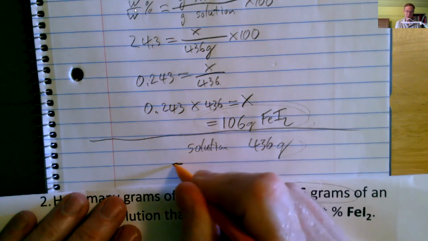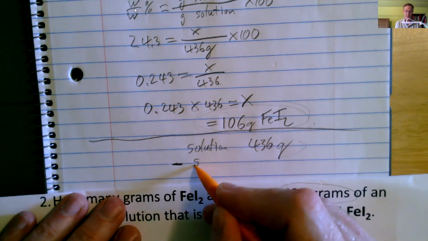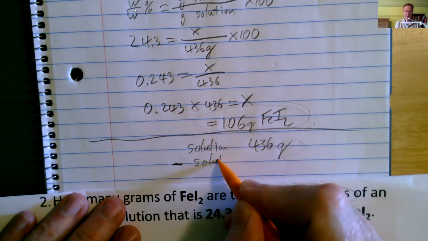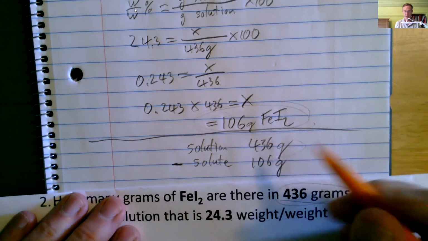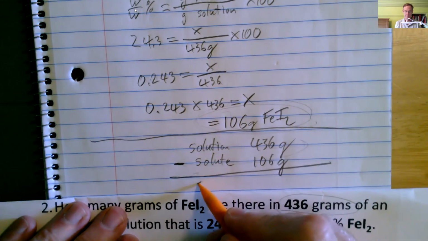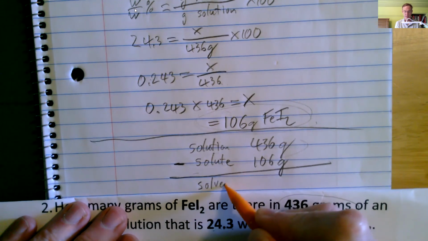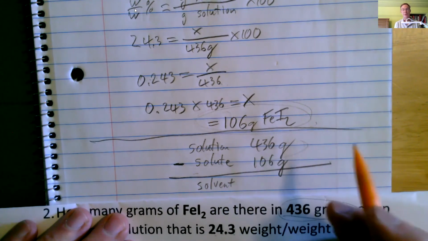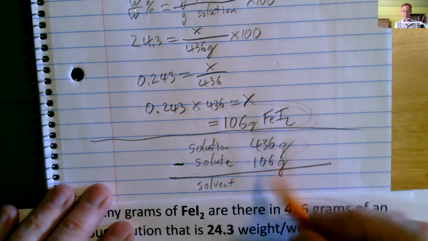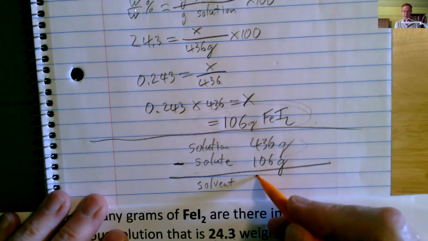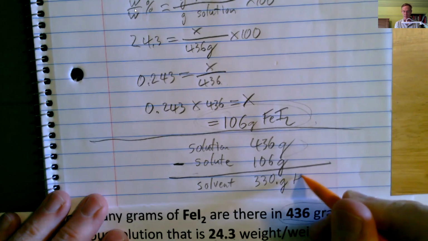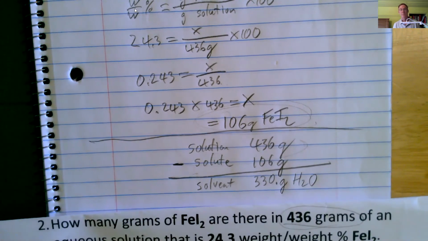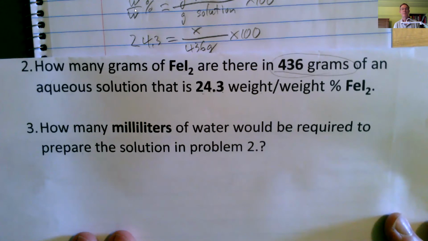So the solution minus the solute, in this case 106 grams, is going to give me the grams of the solvent. Doing a little bit of subtraction, we get 330 grams of water.